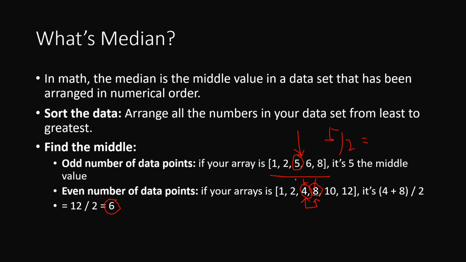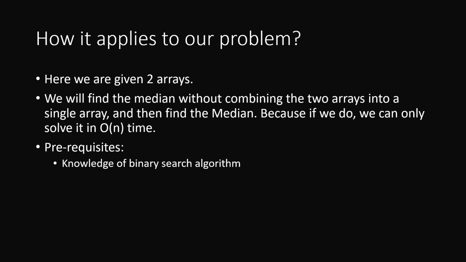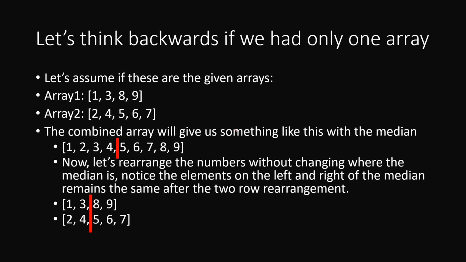Assuming that these 2 are our given arrays and we have combined them and found the median line. Here 1 2 3 4 5 6 7 8 9, there are 9 elements. So 9 by 2 is 4.5, rounding up to the closest integer, that's the 5th. So the 5 is our median.